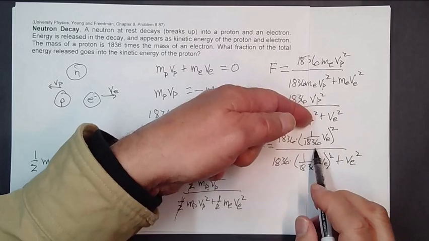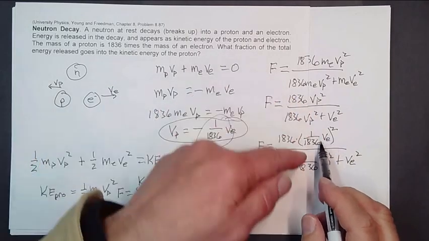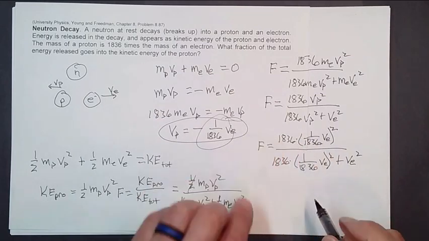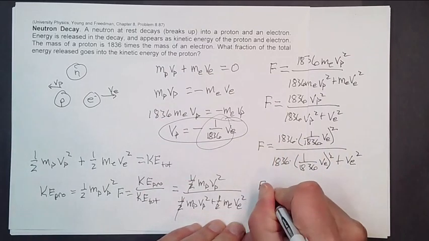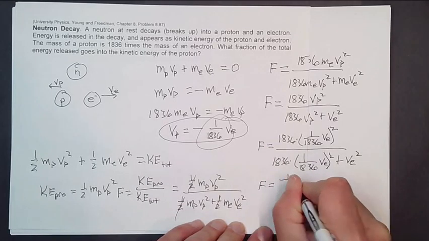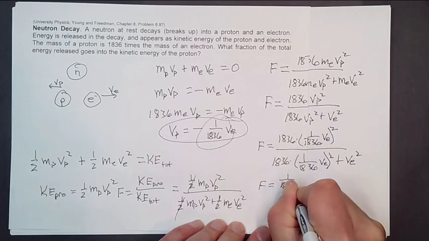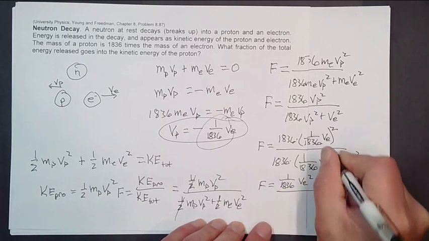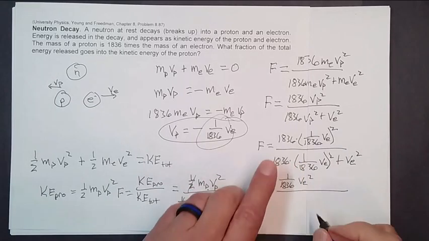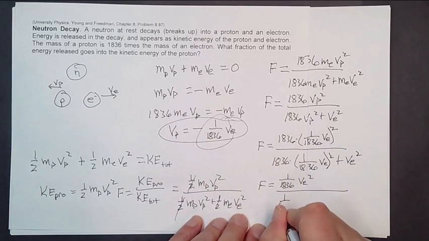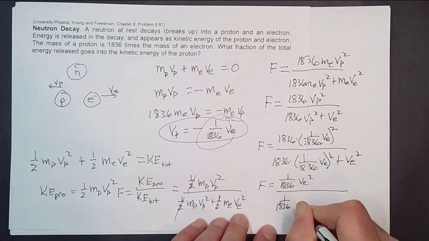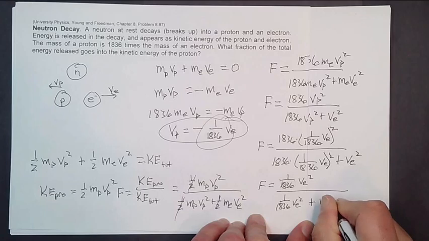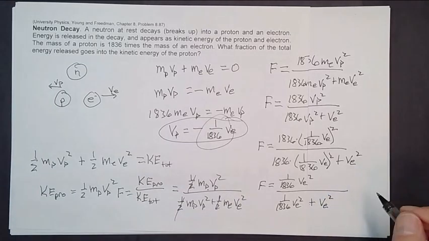And when you square this, I'd have 1836 squared on the bottom, but I've got an 1836 on top, so I'll actually end up with the fraction equaling 1/1836 the velocity of the electron squared. That's the top. On the bottom, I'll have that again to start with, 1/1836 velocity of the electron squared plus the velocity of the electron squared.